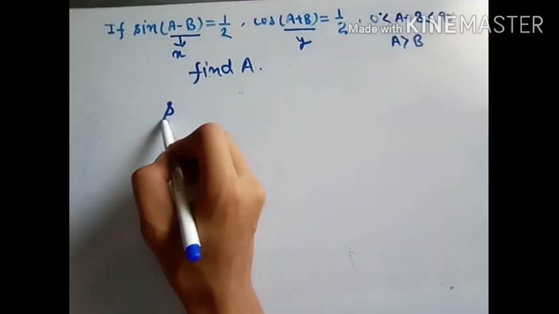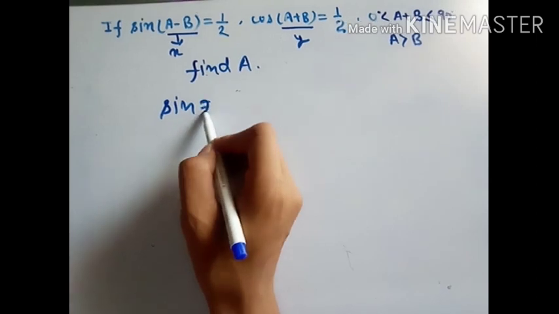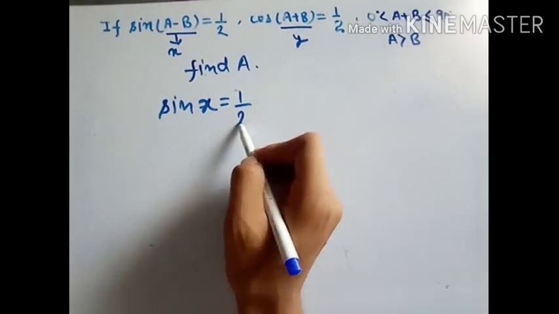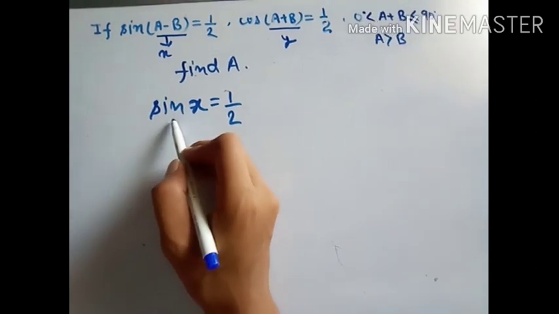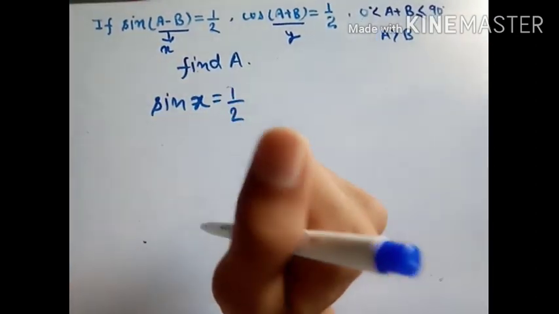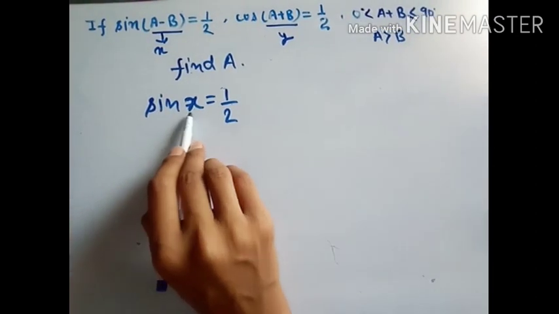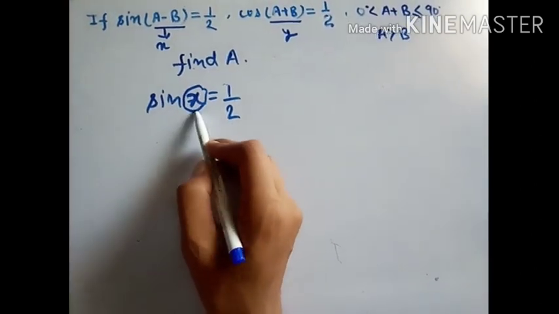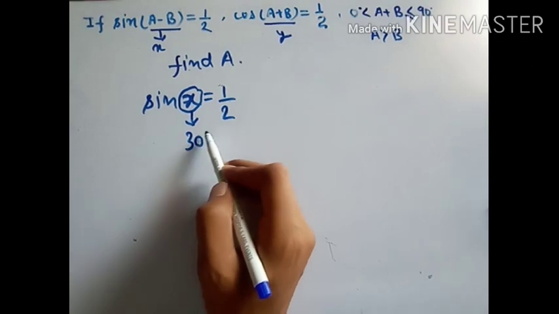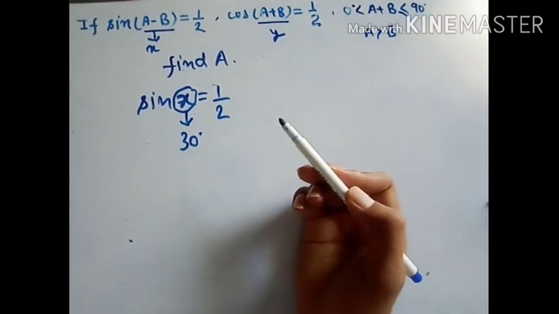So sine x is equal to 1 by 2. What does it indicate now? You can see in the table that sine x is equal to 1 by 2 if the value of x is equal to 30 degree. Is it so?